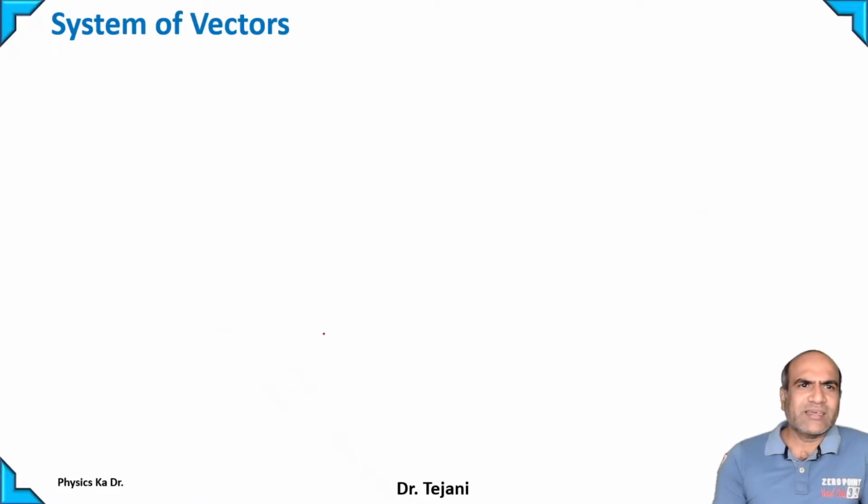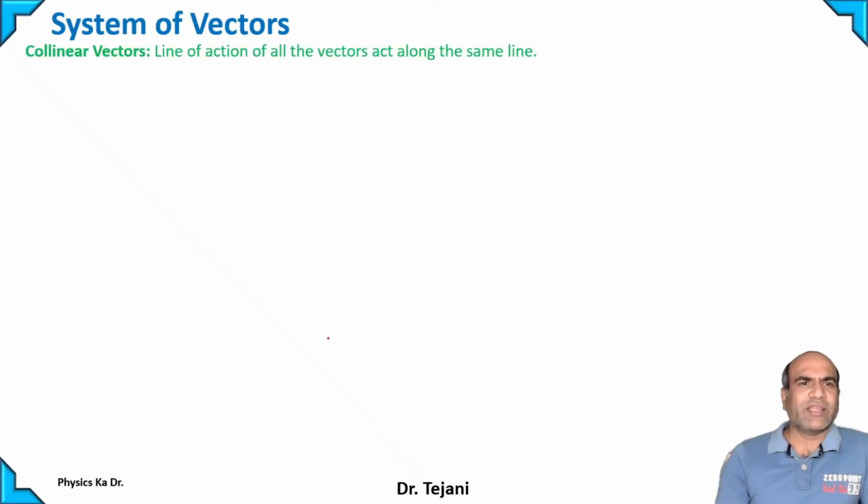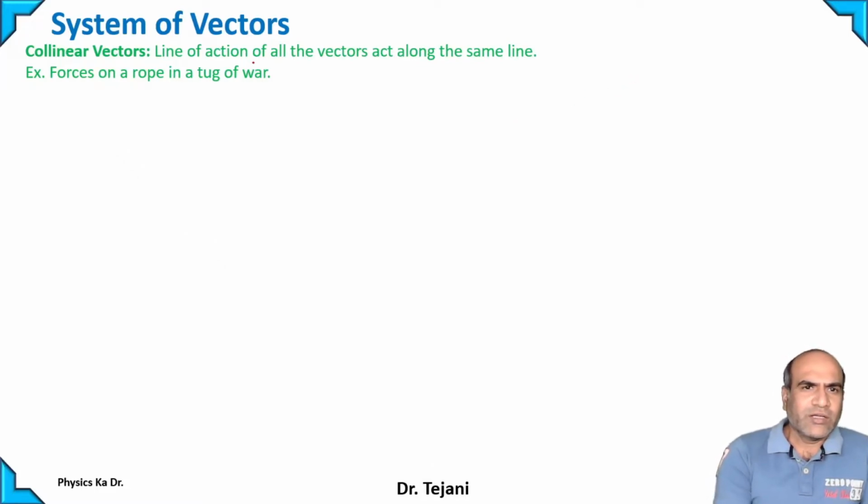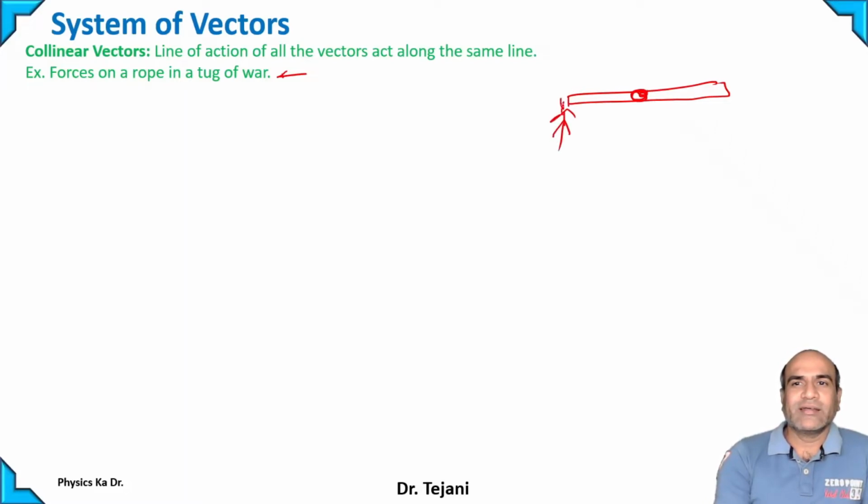Now let us understand systems of vectors by taking various examples. First we understand collinear. The line of action of all the vectors is in the same line. The example given here is tug of war. I think you must have played tug of war, where there is a rope and on both sides groups of people pull in opposite directions.